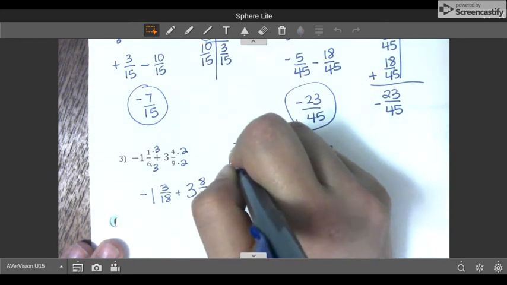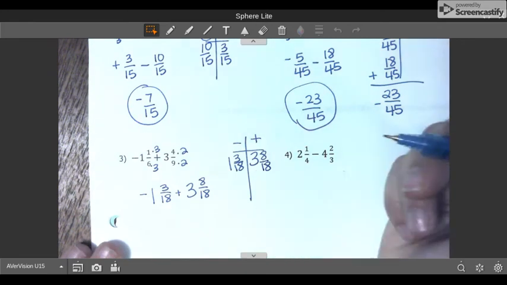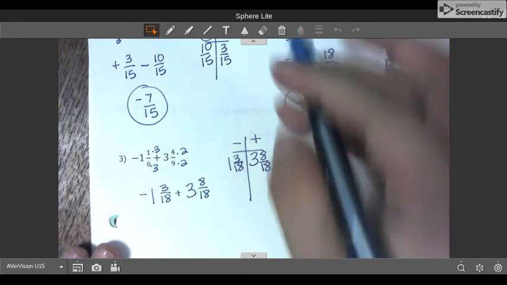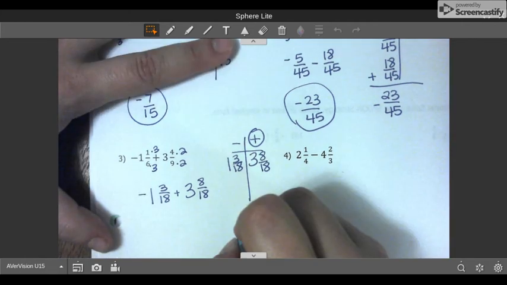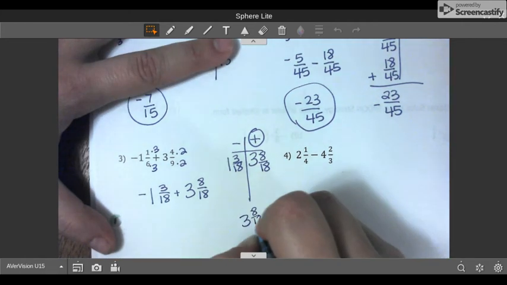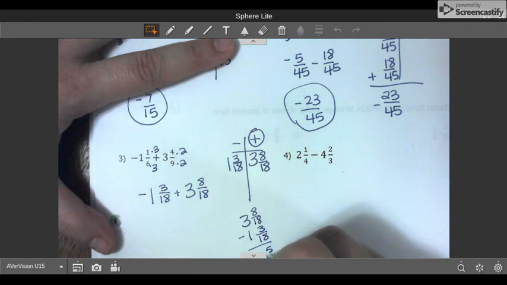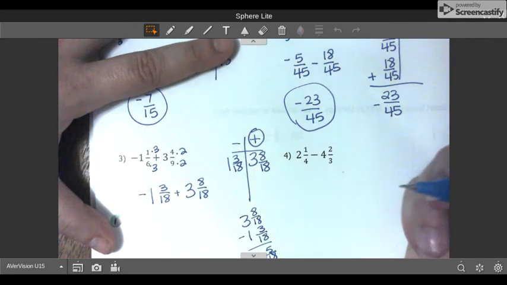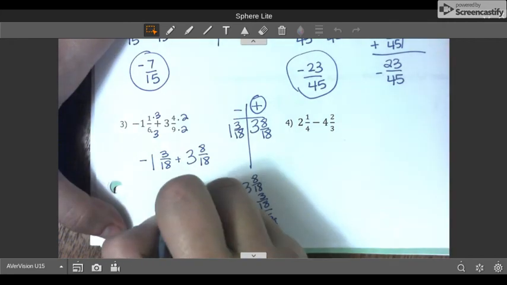So I have negative 1 and 3/18, positive 3 and 8/18. Which sign wins? Positives. By how much? Well, 3 and 8/18 minus 1 and 3/18 is 2 and 5/18. So positives win by 2 and 5/18.